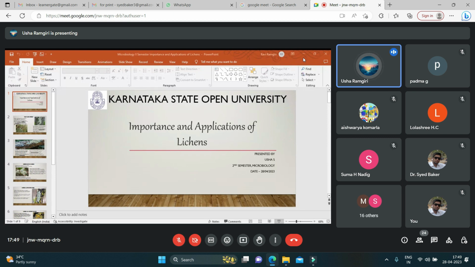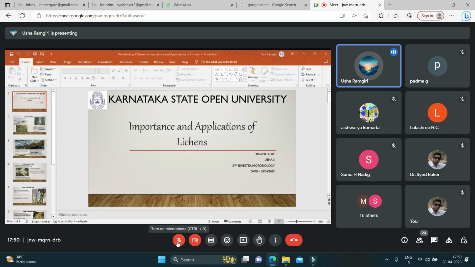Usually we mention it as acting against carcinogenic cells. So it has the capability to fight against all these cancerous cells also. So this is one of the most important significances of lichen, and in the development of new formulations or technologies for the benefit of human life.